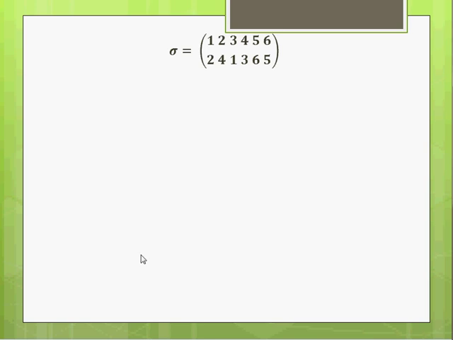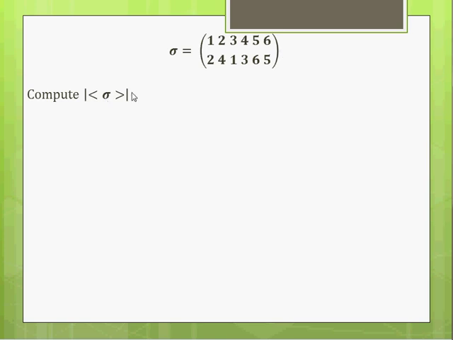Alright, so this time we got sigma. It gives us another permutation. And it asks us to find the order. If you remember last video, we talked about cyclic subgroups. And this is a cyclic subgroup. It's the cyclic subgroup generated by sigma, generated by this permutation.